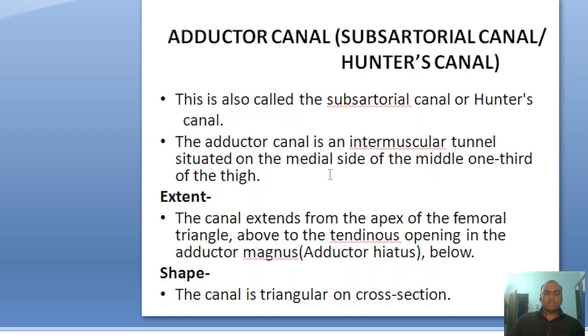Its extension is from the apex of the femoral triangle to the adductor hiatus. Hiatus means opening in the adductor magnus muscle. So the adductor canal extends from the apex of the femoral triangle above to the tendinous opening in the adductor magnus below.